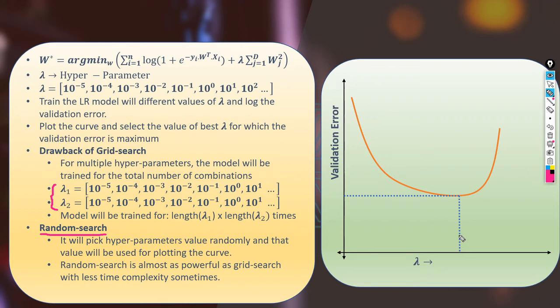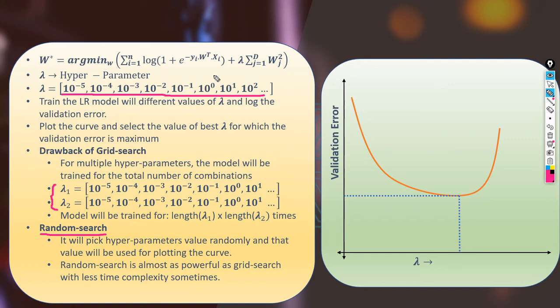It's as correct as grid search, because even grid search cannot give you the perfect value of hyperparameter, as it will only search among the values you have instantiated. Say the perfect lambda value is 0.345, and that is not present in this list. Even grid search cannot give you that particular value, but it's okay. Grid search or random search will give you the nearest value to that, and that's perfectly fine for us.